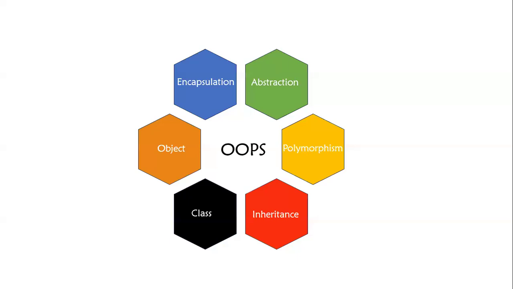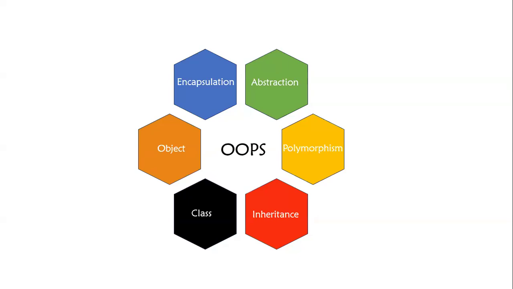All the major languages depend on this principle called OOPS. So if you want to enter this software field, you should understand the term OOPS, and at least have knowledge about class and object.